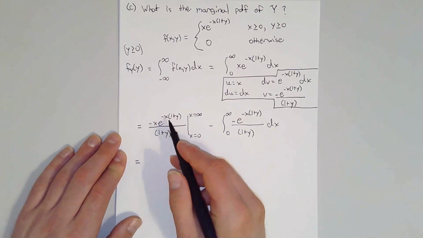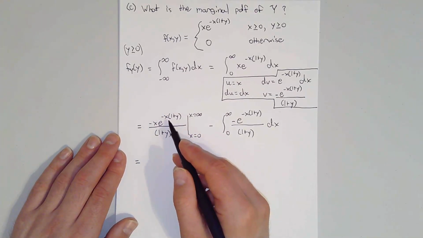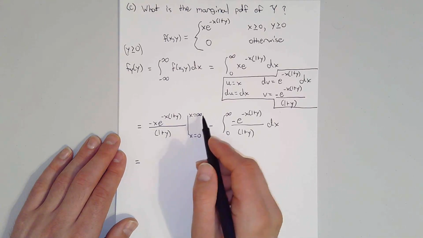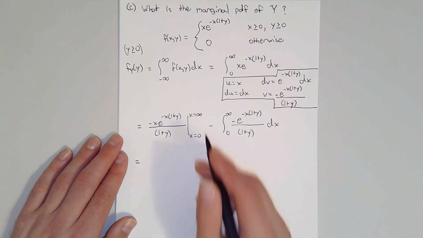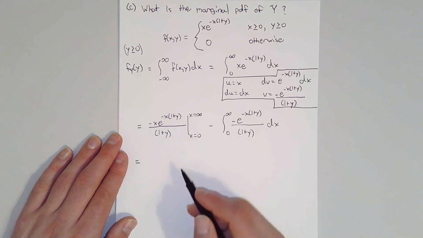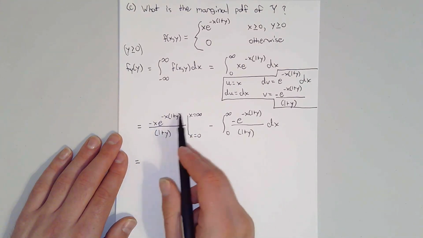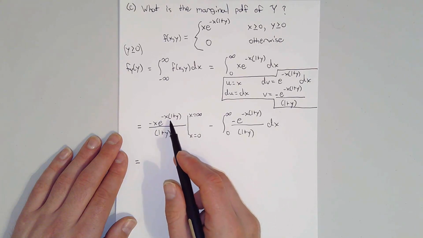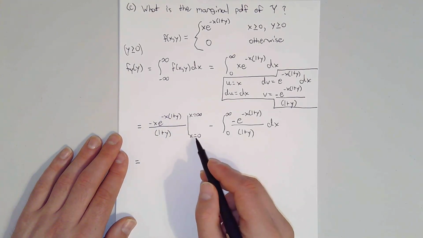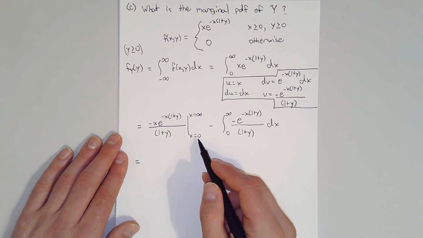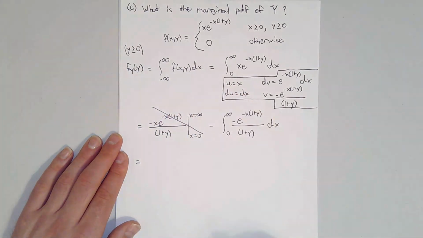So I'm not going to do that here. This expression goes to 0 as x goes to infinity. So at x equals 0, this is also equal to 0 because it's 0 multiplied by some real number divided by some real number. Therefore, this expression is 0 when x equals 0. So we can cross that off.